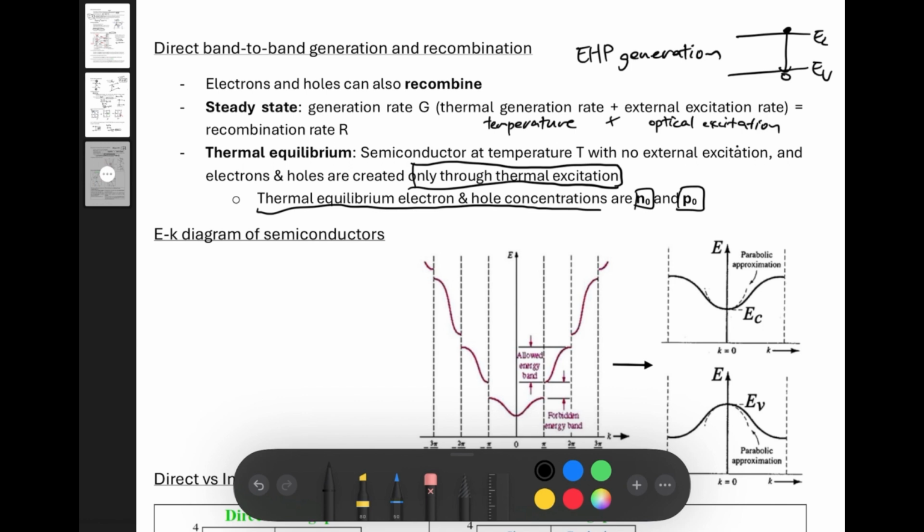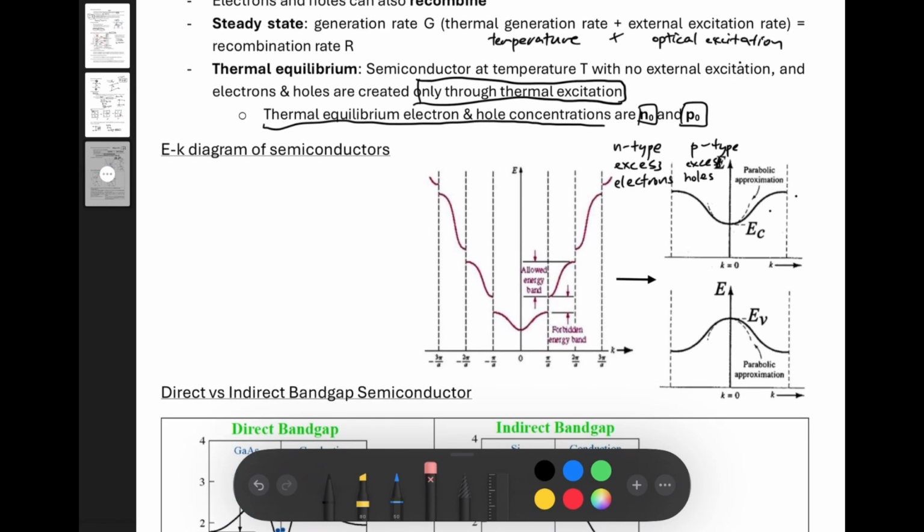Why it's called N0 and P0, you'll understand in a future video, but it's because an N-type semiconductor is doped with excess electrons, and a P-type is opposite, with excess holes. So that's why they are termed N0 and P0, but basically these are the thermal equilibrium electron and hole concentrations.